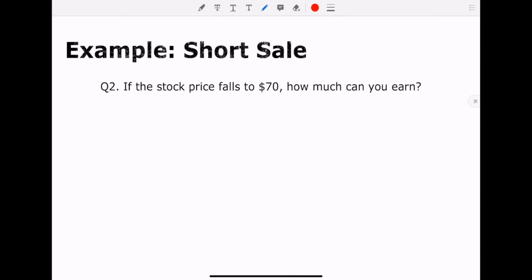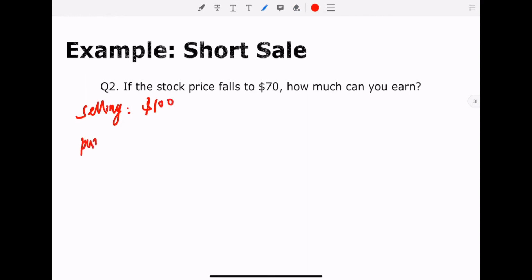Okay, now let's see the second question. Here, if the stock price falls to $70, how much can you earn? Well, this is actually easy. You sold your stock at $100. Let me call this the selling price. So you sold 1,000 Facebook stock at $100.